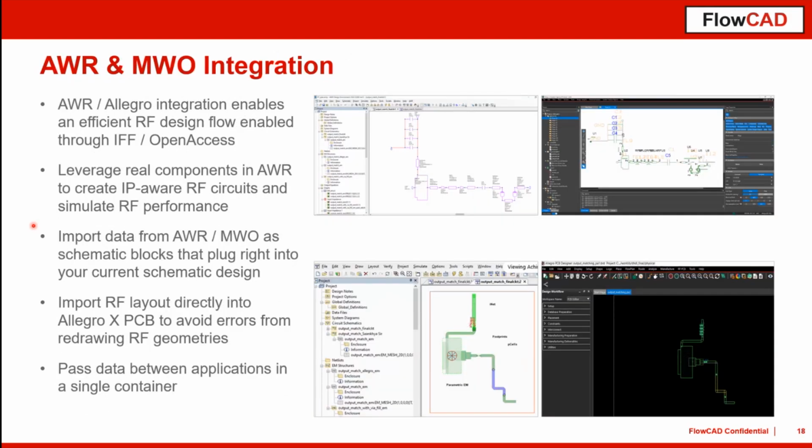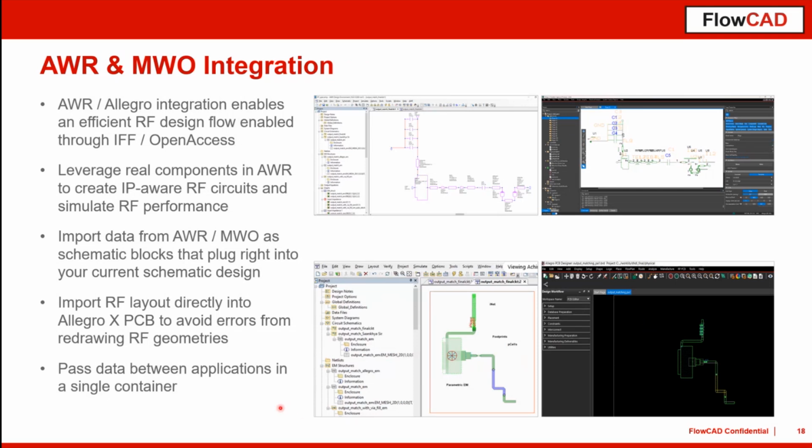And the same thing is valid now for the AWR Microwave Office integration. The good thing is that the tools are connected, not really integrated, I must say connected, so they can exchange layout information and schematic information. And in the end, you can design your schematic and also design your RF structure, for example an antenna or a filter, or some kinds of these things, directly in Microwave Office, and then transfer this information into System Capture and also into the PCB editor.